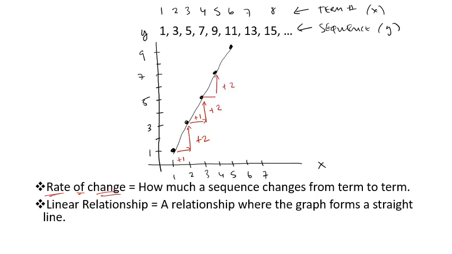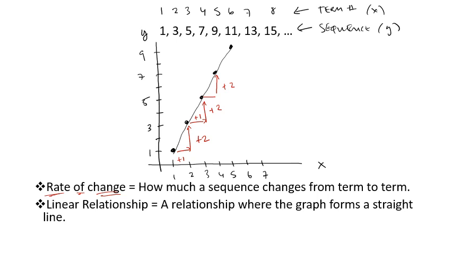And that this forms what we call a linear relationship. If you ever get confused about linear relationship, just look at the first 4 letters of linear. I mean, it's line. And it tells you what it is right there. So a linear relationship is something that's going to form a straight line. Not a curvy line, but a straight line. And so we can see that this is a linear relationship.